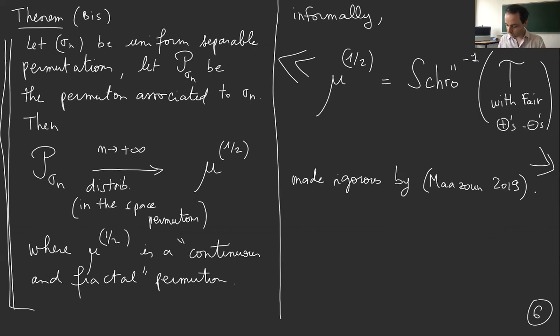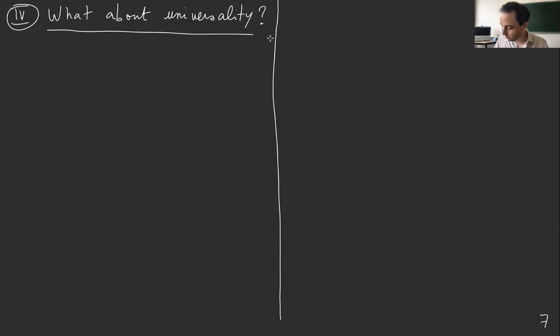Okay, so now what about universality? I told you about the results for separable permutations, which are very nice because they are simply described by these very simple Schroeder trees.